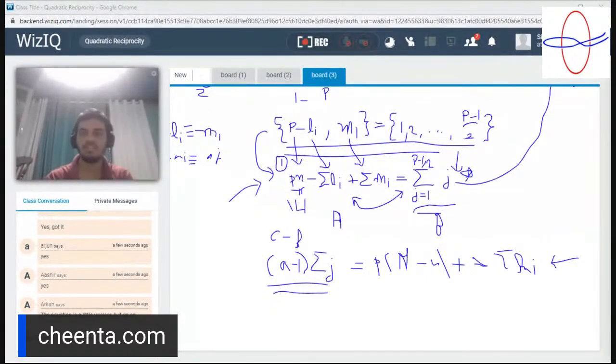We look at this whole equation mod 2. So remember I mentioned that a was odd, so a minus 1 is even, so this is congruent to 0 mod 2. And then you have b, which is obviously an odd number, so this will be 1 times (capital N minus small n), plus 2 times something, so that will be equal to 0 mod 2.